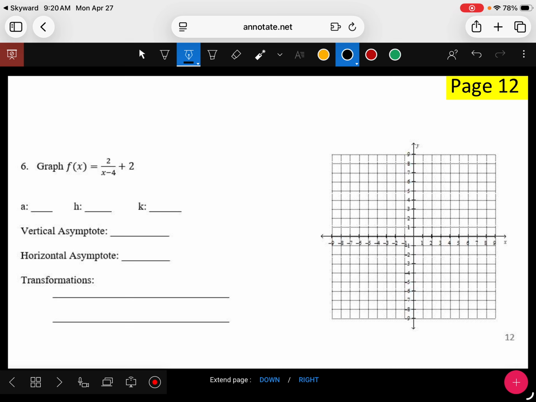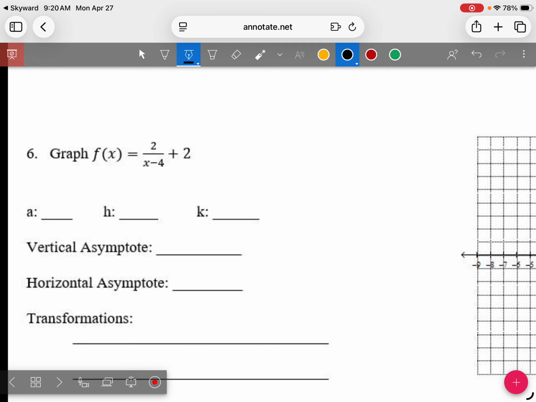All right, A, H, and K. A is 2. So this is going to stretch. H, is that positive 4 or negative 4? Positive. You always flip the sign, which is going to make it go right 4.